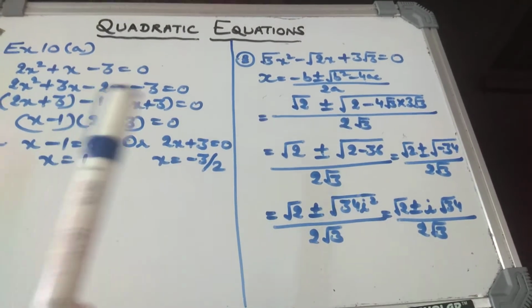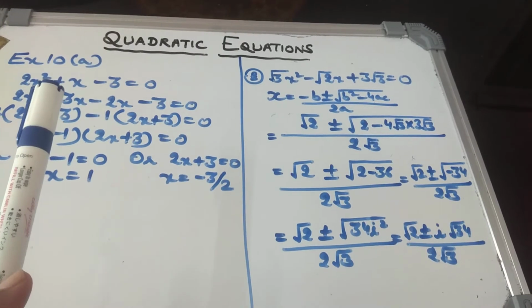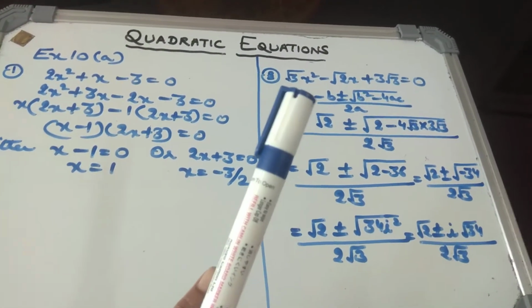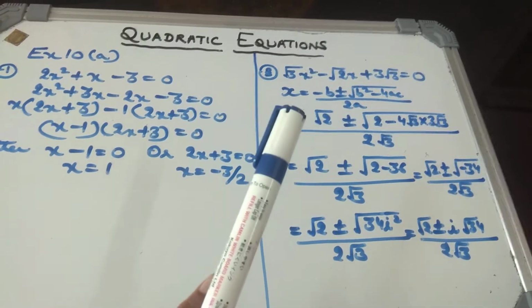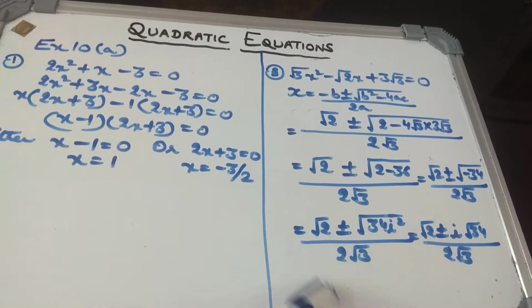So obviously splitting the middle term becomes a little difficult. And it is actually not directly factorizable also, because you are getting imaginary roots or complex roots.